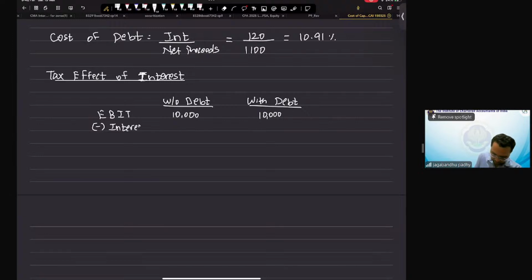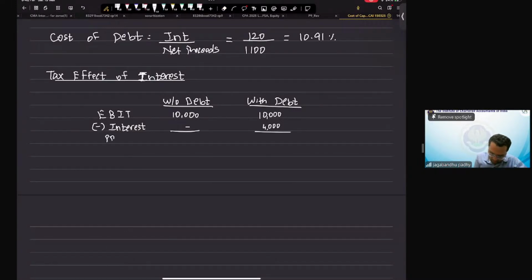Now tell me, which of these two companies is going to have the interest expense? The one with debt, right? Of course, there's no interest expense in the first company. In the second company, there's an interest expense of, let's say, 3,000, or let me make it 4,000.